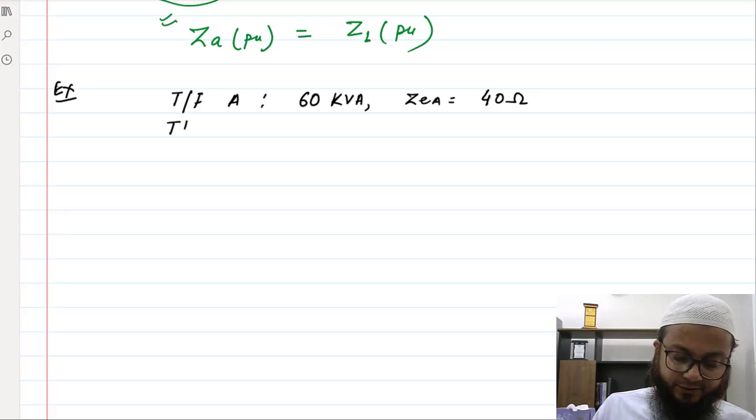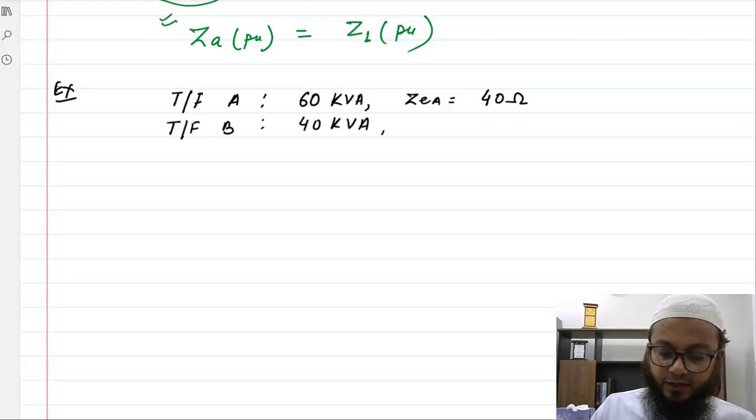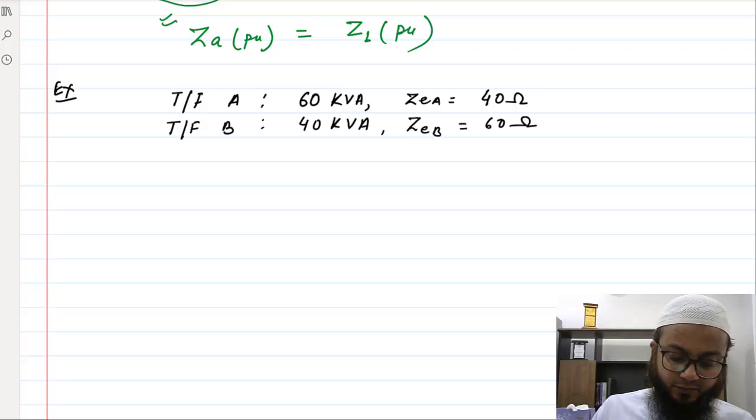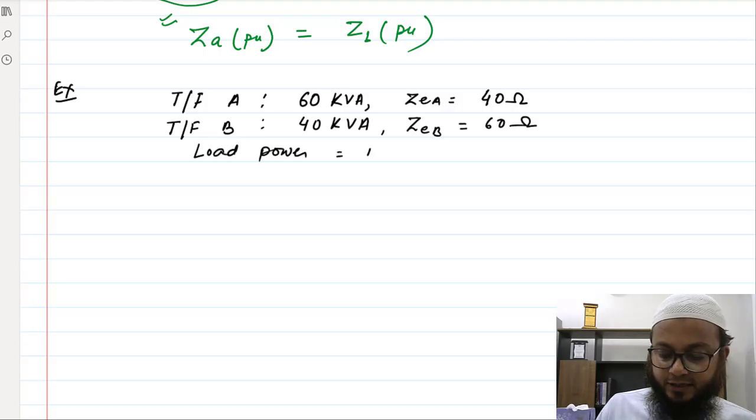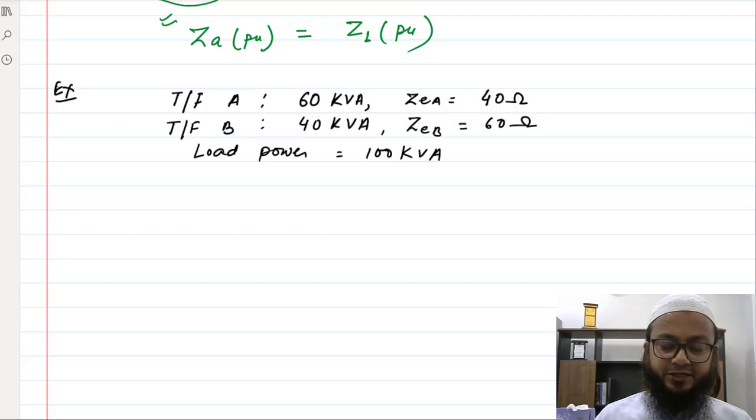And there is another transformer, transformer B, whose apparent power rating is 40 kVA and its leakage impedance ZEB is 60 ohms. And let's say the load power is 100 kVA. I have not mentioned the power factor here.